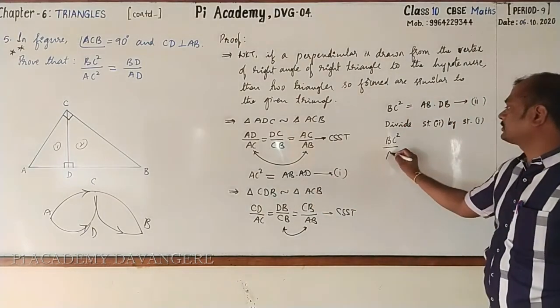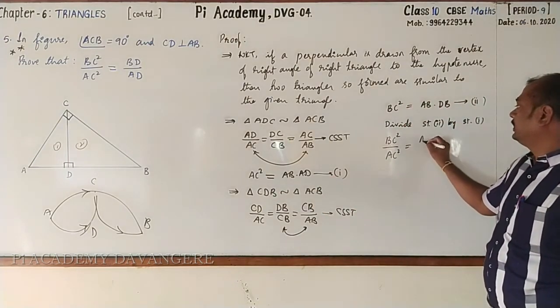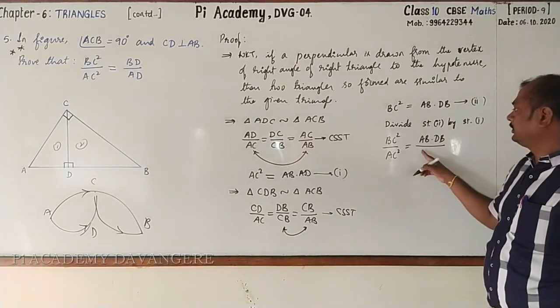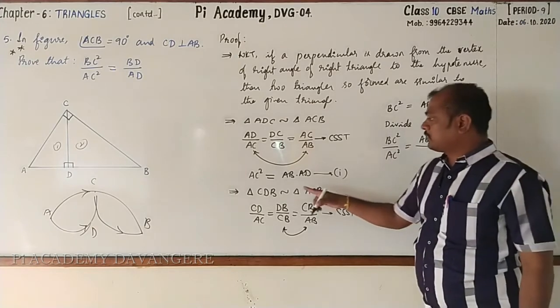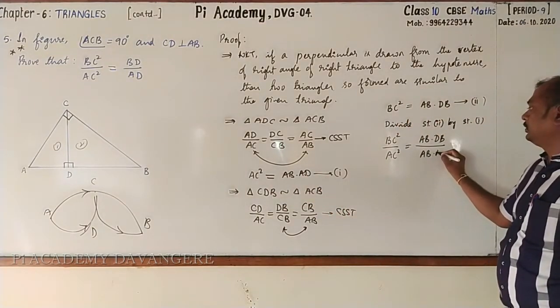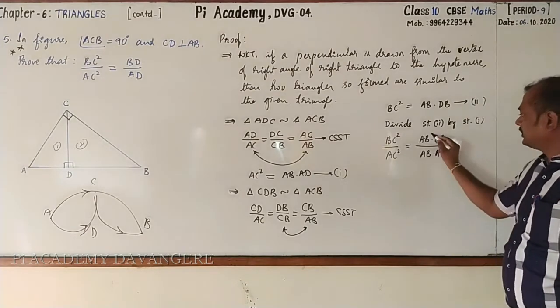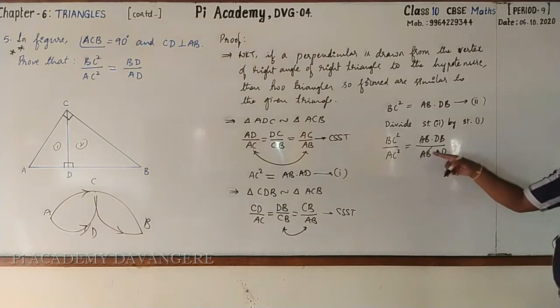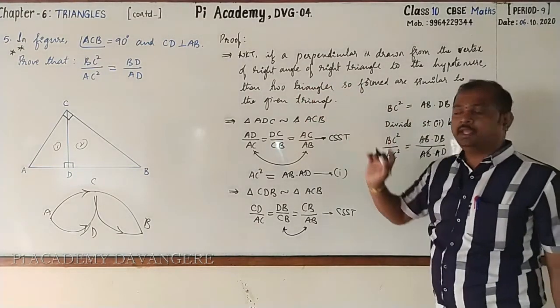Here AC square, which is equal to AB into DB, is equal to AC square, AB into AD. Observe, AB and AB get cancelled. Remaining DB by AD. DB is nothing but BD.